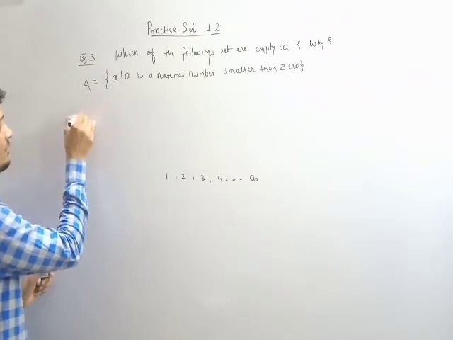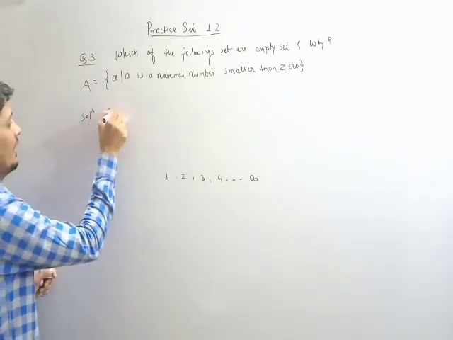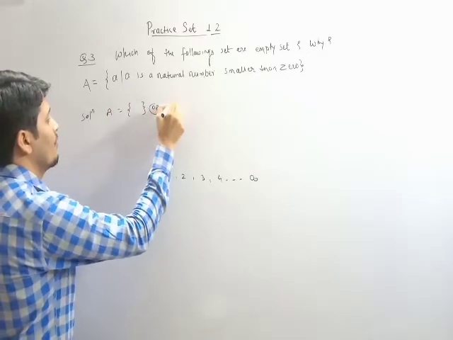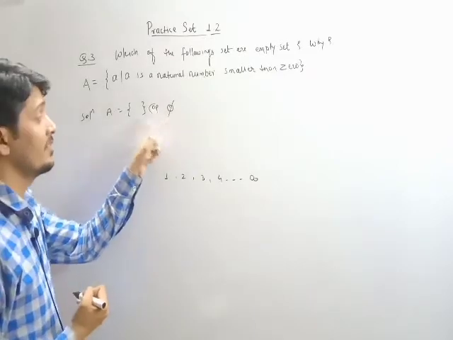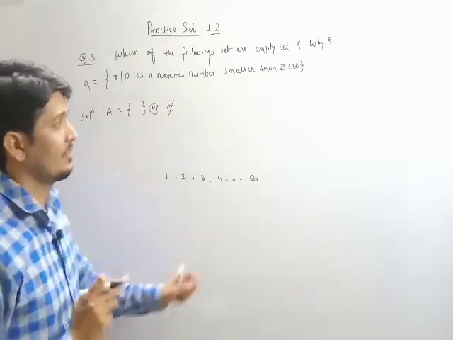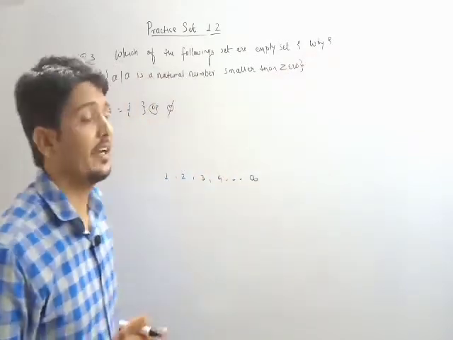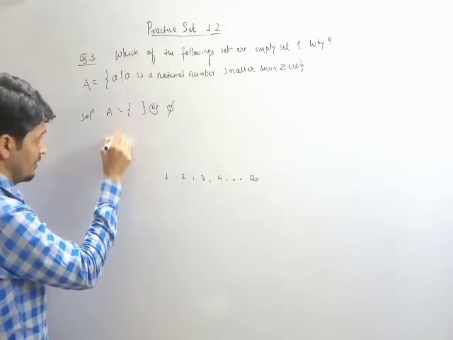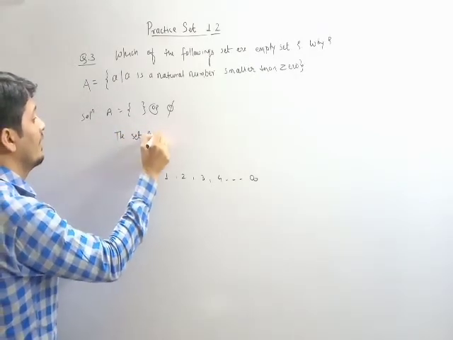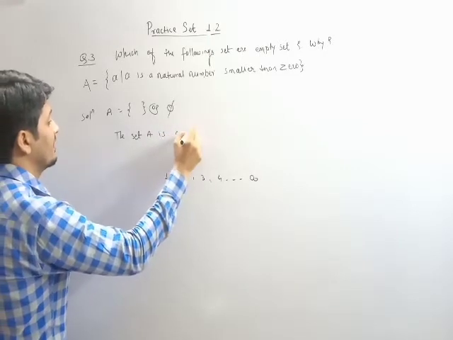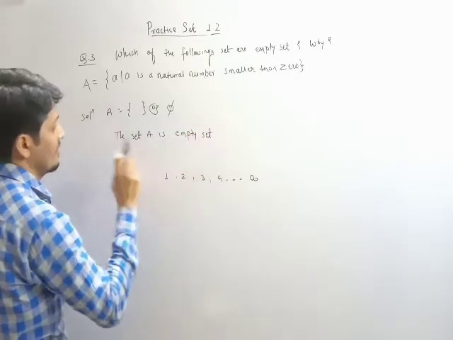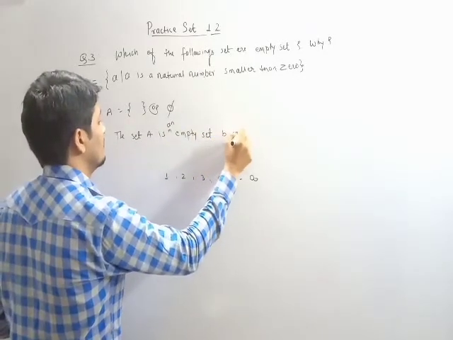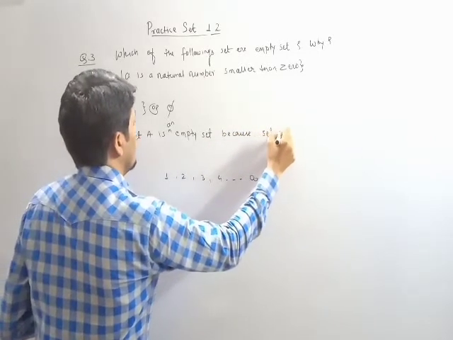Therefore, solution: A equals empty set, or we can write phi also. Phi is the representation of the empty set, and it is asking why it is an empty set. So we have to write the justification also.